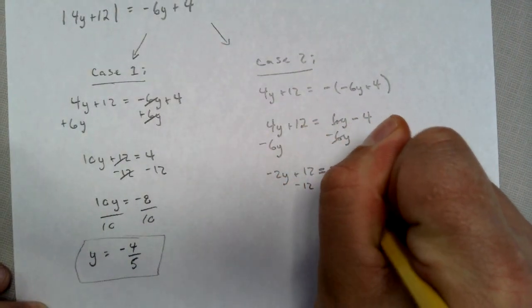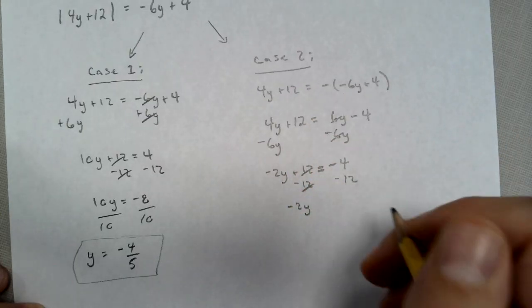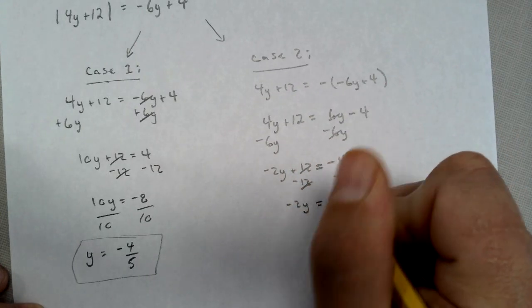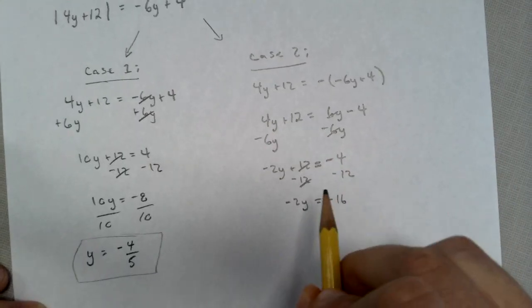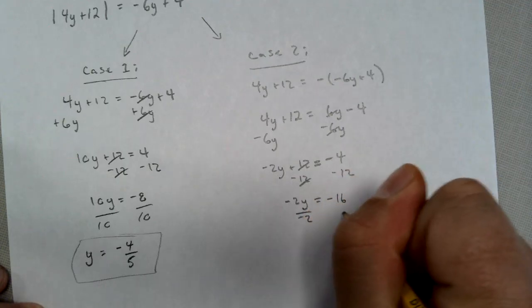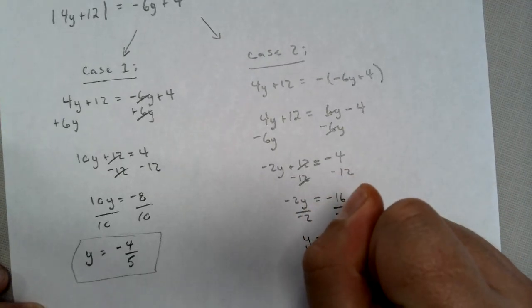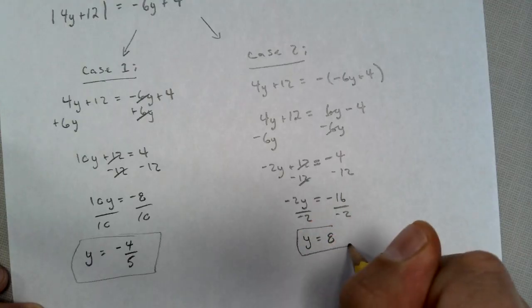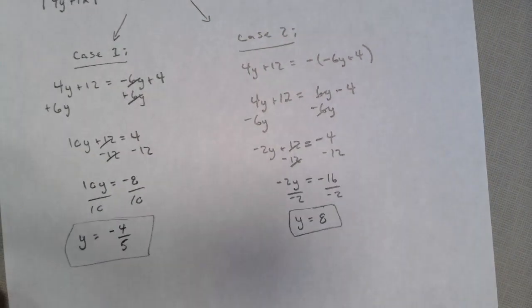Subtract 12 from both sides, and we get negative 2y is equal to negative 16. And finally, to solve for y, just divide both sides by negative 2. And we get y is equal to positive 8. So this is another potential solution to our absolute value equation.